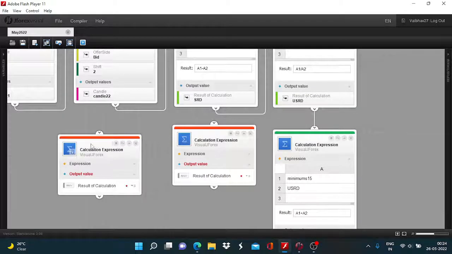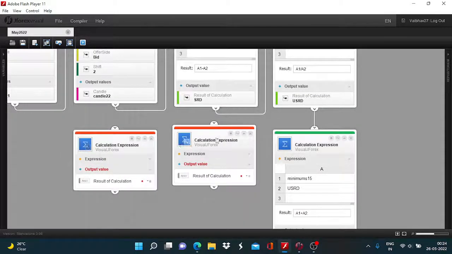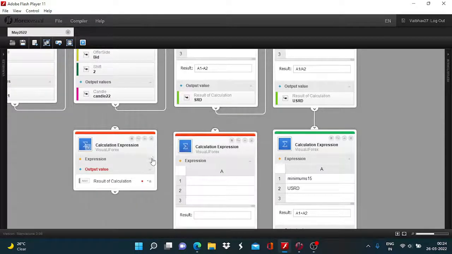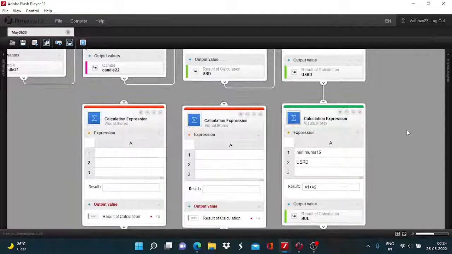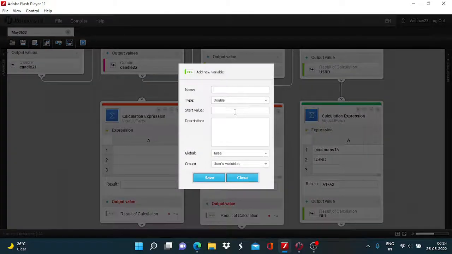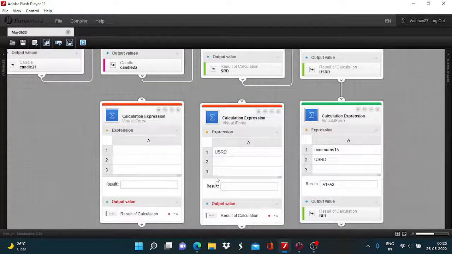I will take these two. All right. And multiply it with 10 raised to the power 4 to convert it in the integer data type. So start value will be 10k, 10,000. This will be named pip conversion factor as Euro USD has 4 decimal points.